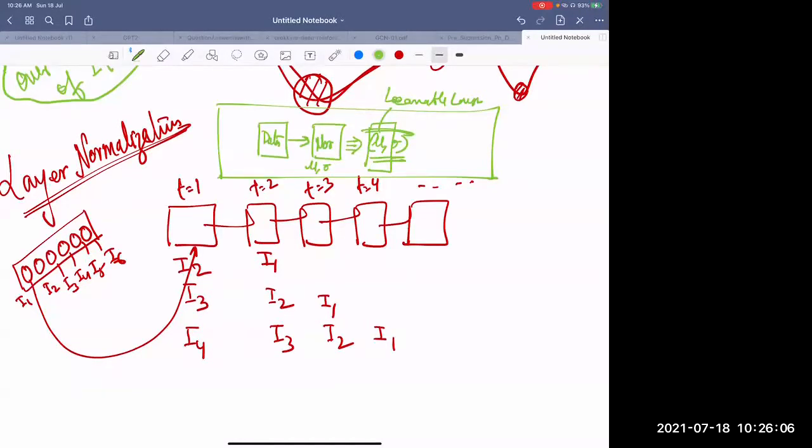The utility of this layer itself is to learn the mu and sigma which will be the best for the previous layer.